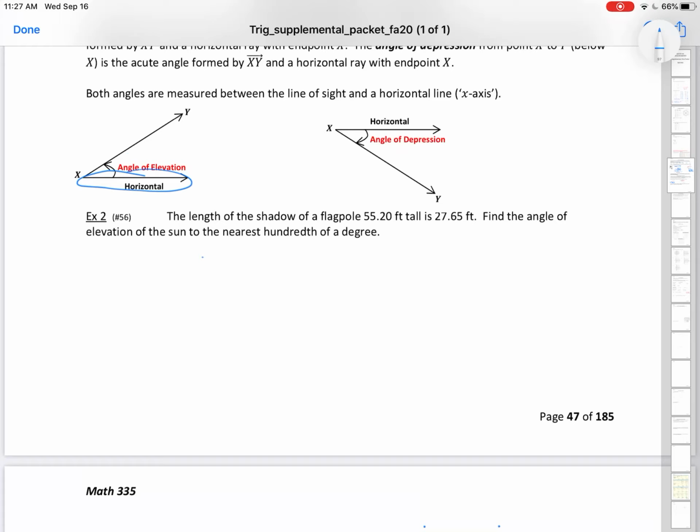So here is our flagpole, and our flagpole is 55.20 feet tall, and the shadow length is 27.65 feet. And so that is the shadow coming down. This angle right here is theta.